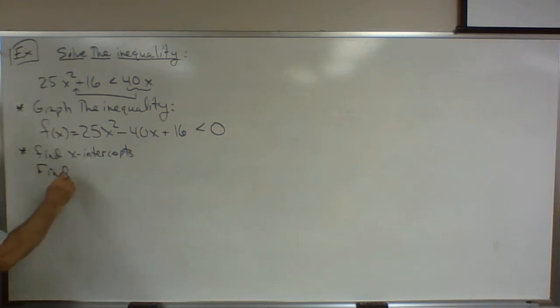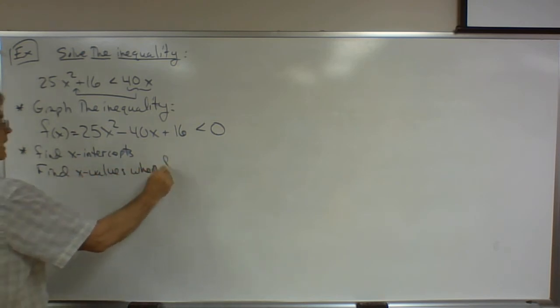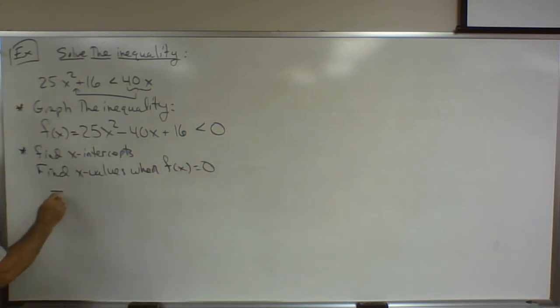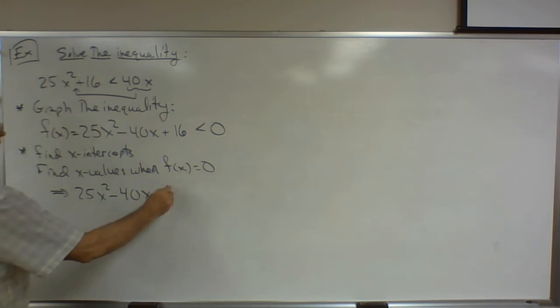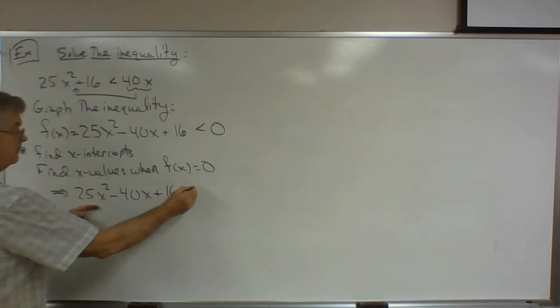So that means we find the x values when f of x equals 0. So we have 25x squared minus 40x plus 16. Here's our f of x equals 0.